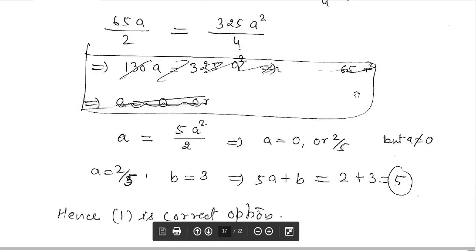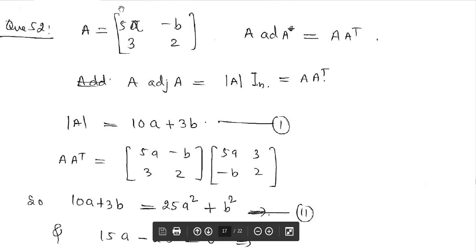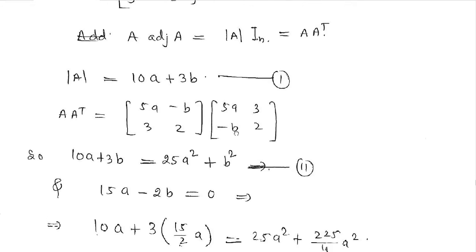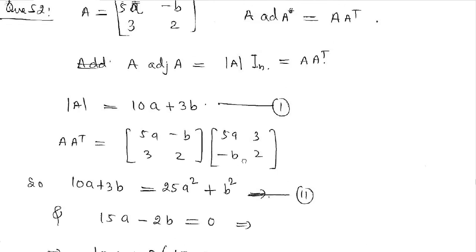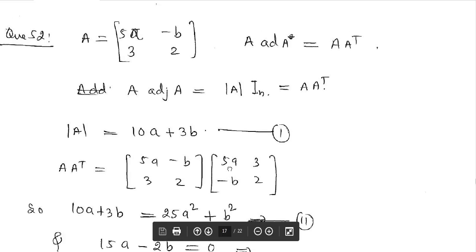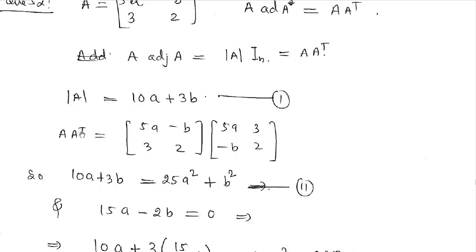Why can't it be 0? If a is 0, then b will also be 0, hence if a is 0, b is 0, and its determinant is 0, even this is 0. Why is it not 0? If it is 0 everything would be 0, by the way.